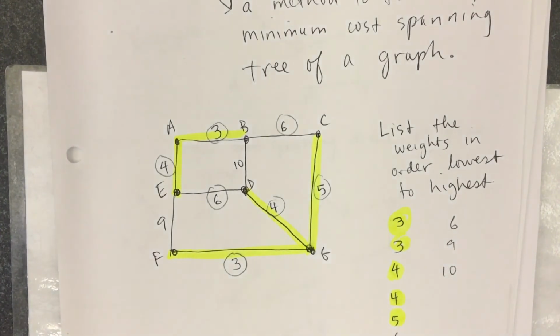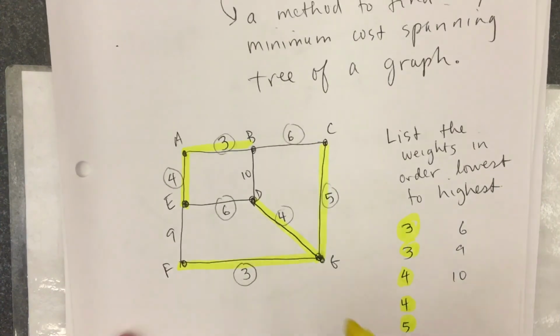And now I get to 6. 6 would connect these 2 parts, and either 6 would do the job. Do you see that? I could take either one. Do I want to take both of them? No, because that would create a circuit.